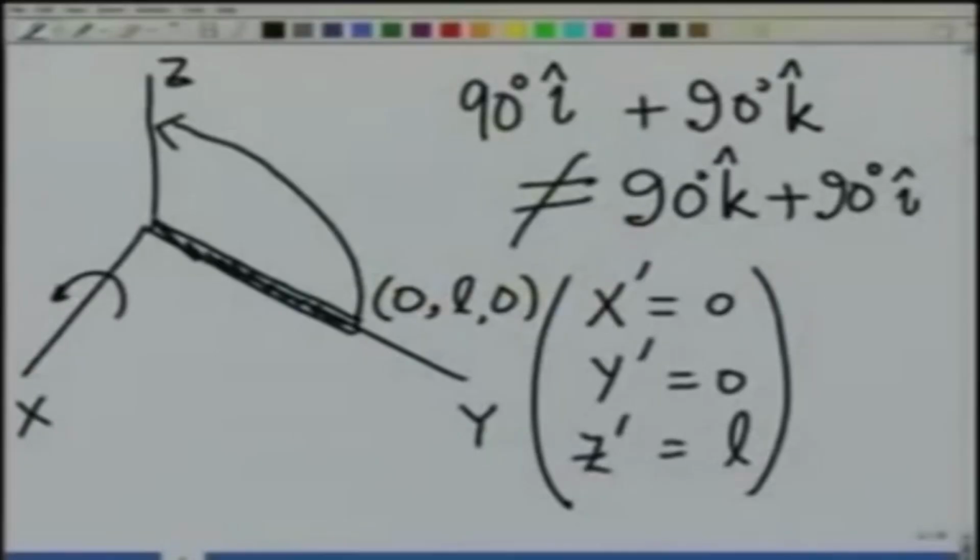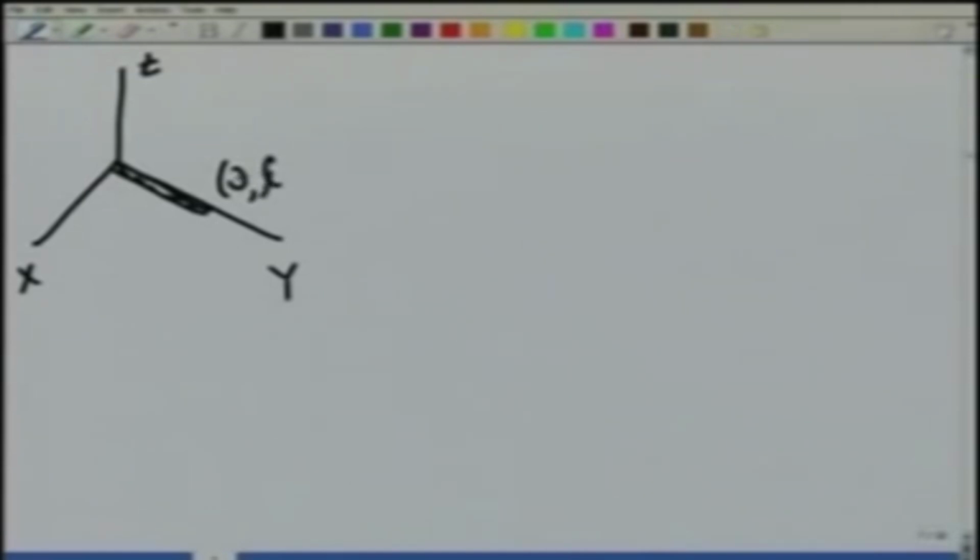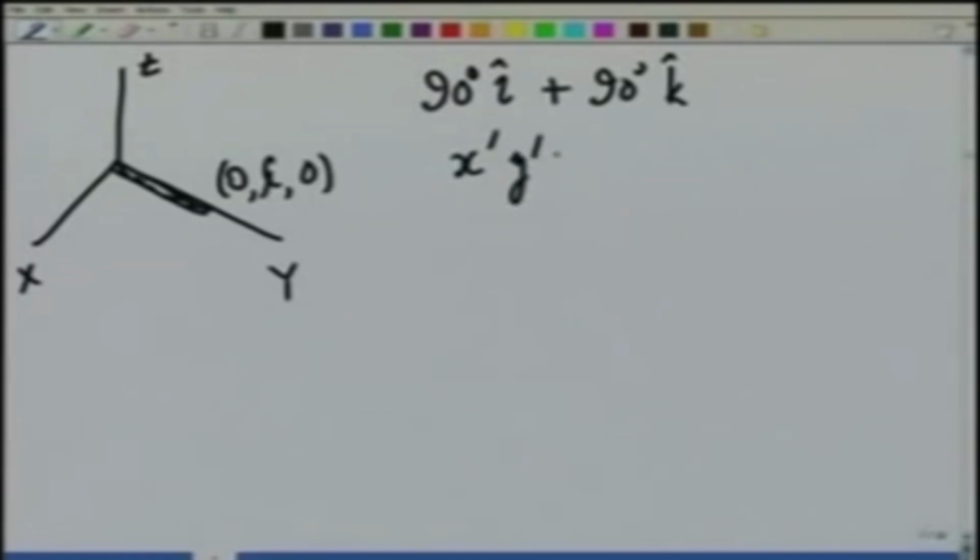So, with x, y, z, the rod was at coordinate 0, L and 0. If I did 90 degrees about the x axis plus 90 degrees about the z axis, the coordinates after this rotation came out to be 0, 0 and L. So, the rod was in this position.